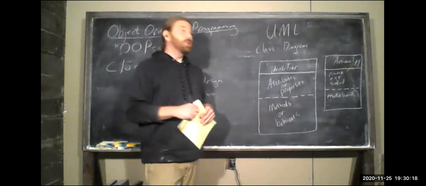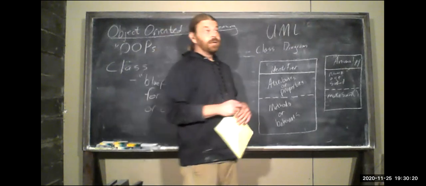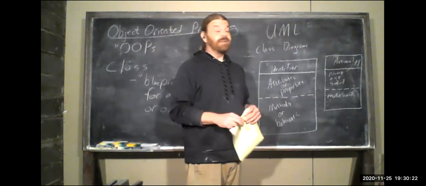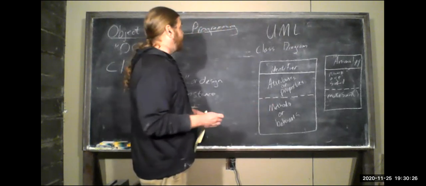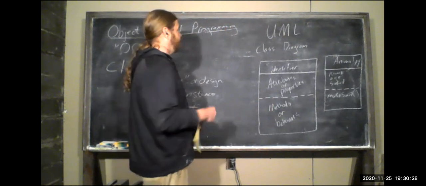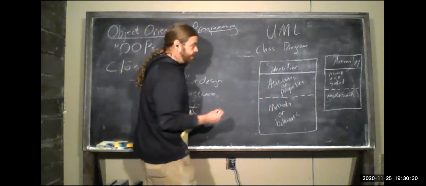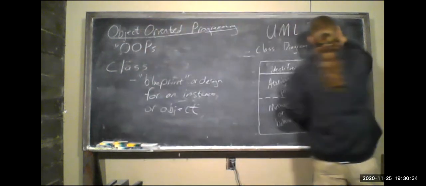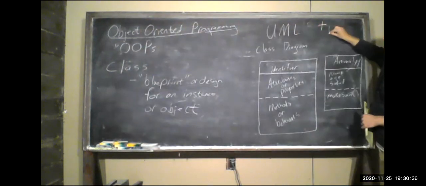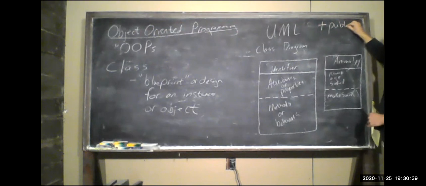And we don't really use them in Python because we don't have private stuff in Python. But if you continue on, there are a couple other symbols that you would need with these. I'll put them over here. A plus sign means it's public.